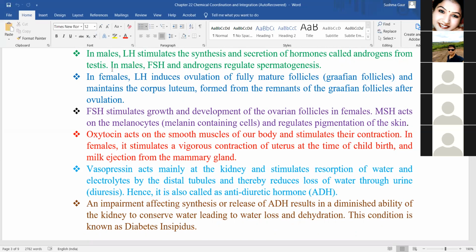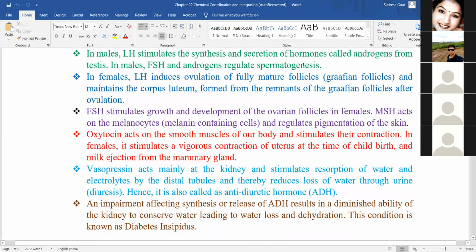So luteinizing hormone stimulates synthesis and secretion of a male hormone known as androgens, and these androgens will be produced from which portion? Testes of the male.